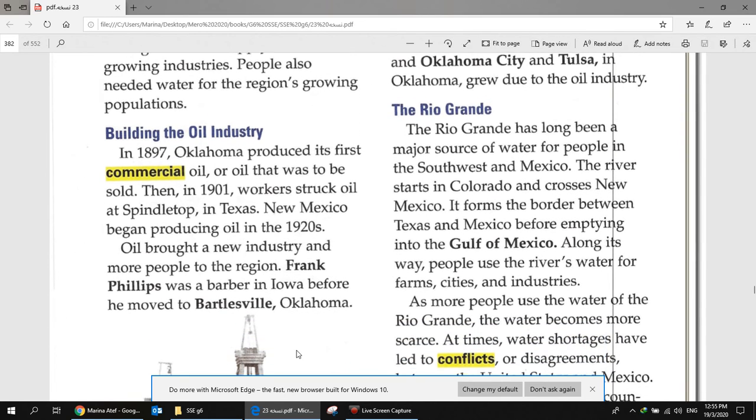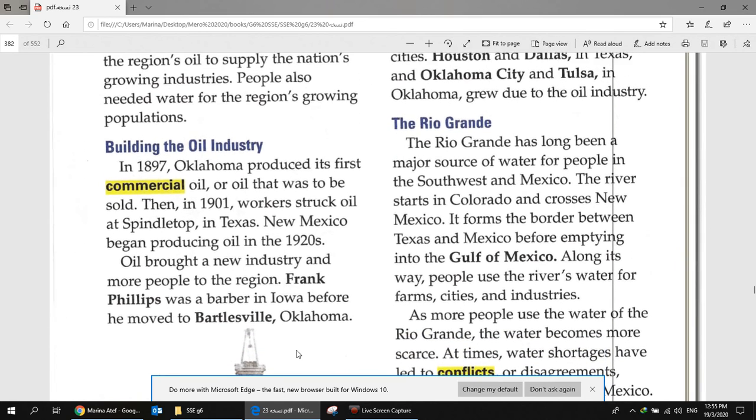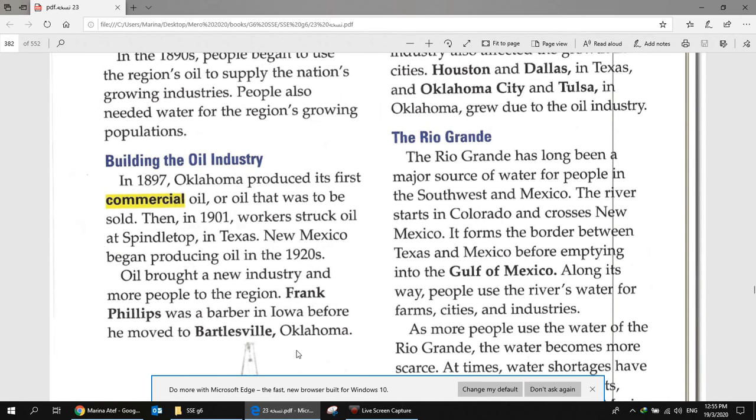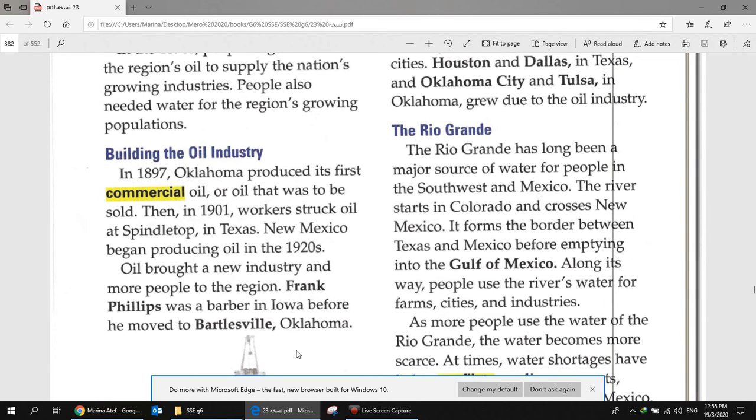So the water, as here in Egypt we have the Nile River. In every country there is a source of fresh water. It can be a river, it can be a lake, it can be groundwater too. Here in the Southwest we have the Rio Grande River.